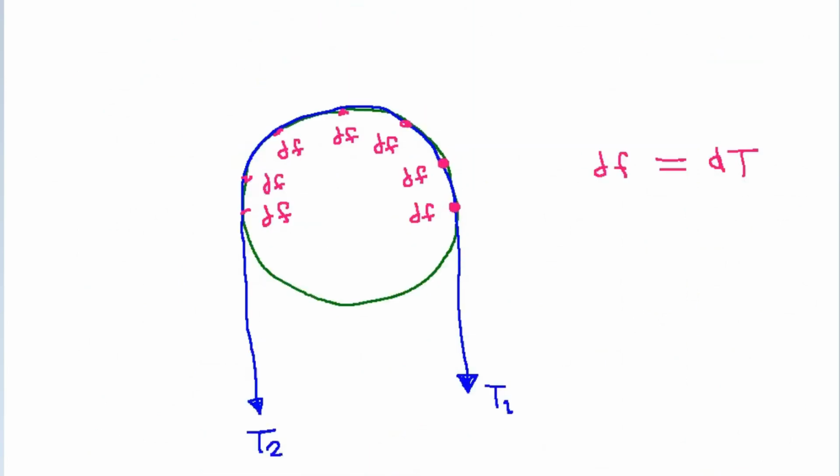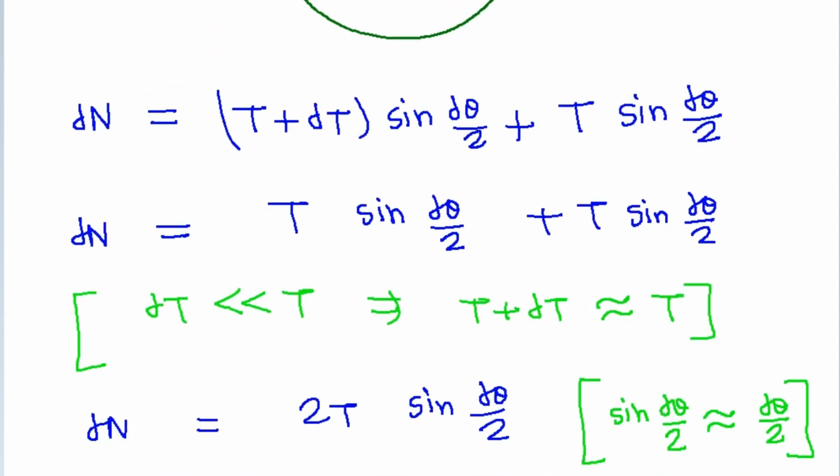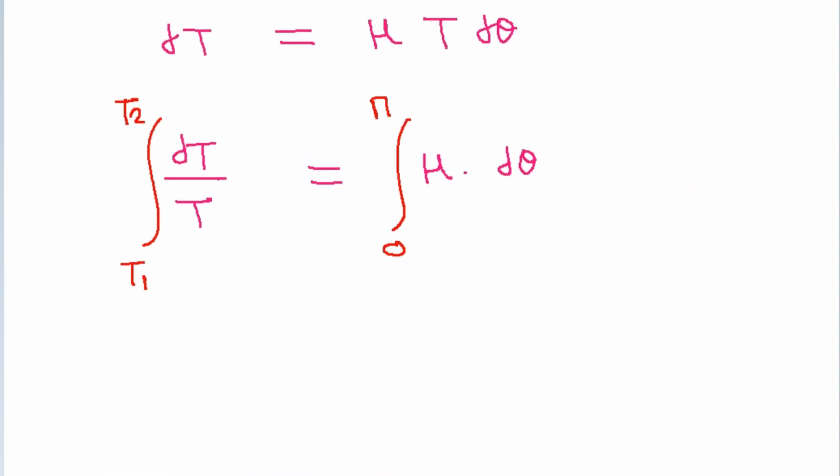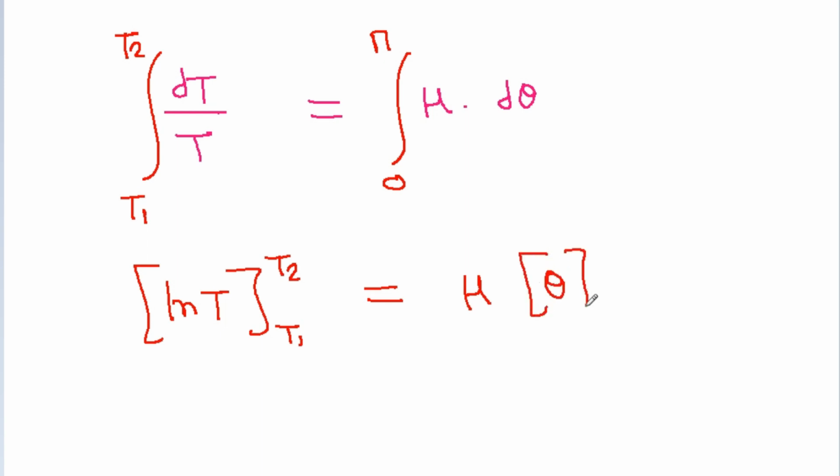The integration of dT by T is ln T from T1 to T2, which is equal to mu, a constant, times the integration of d theta, which is theta from 0 to pi.